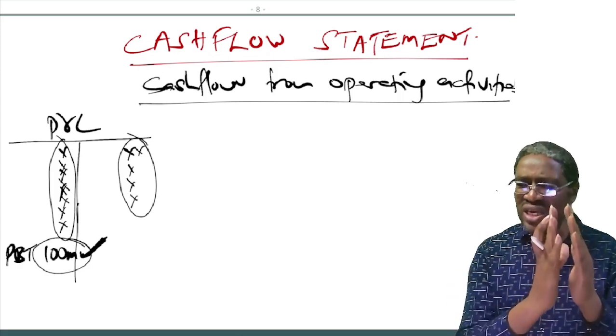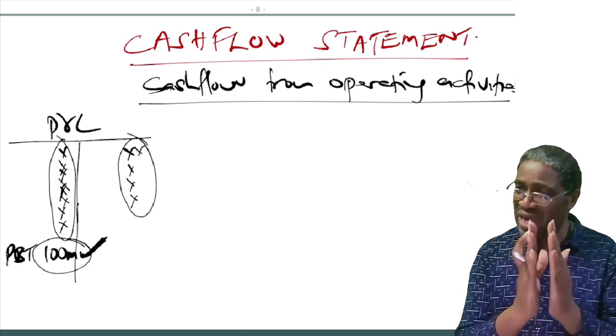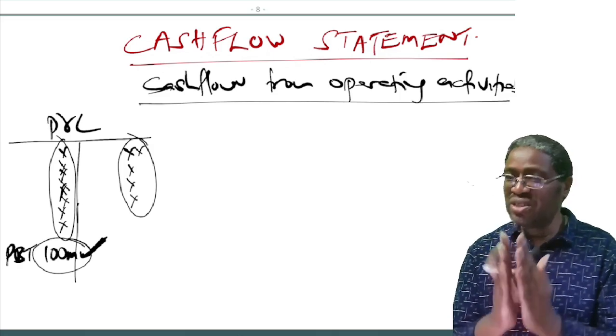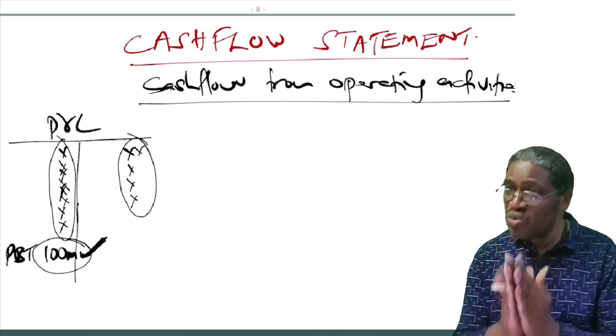If everything in the P&L was by cash, then you can conclude that 100 million is the true net cash flow.